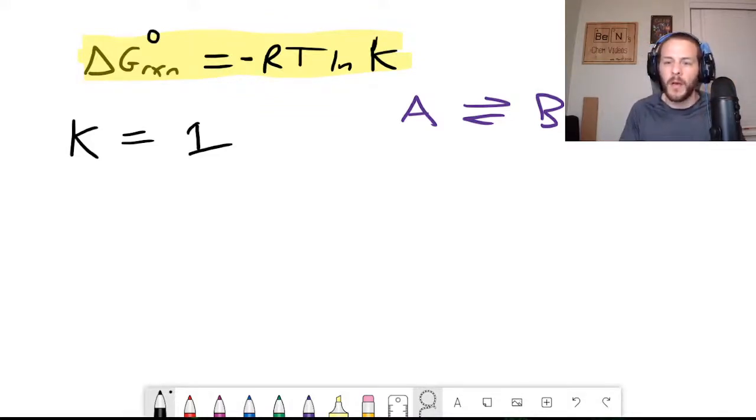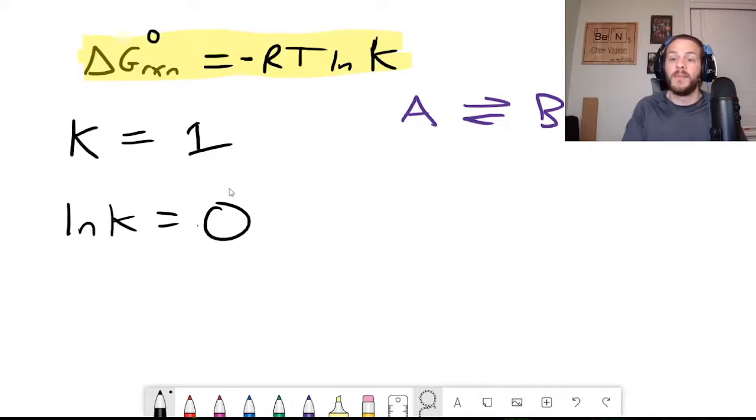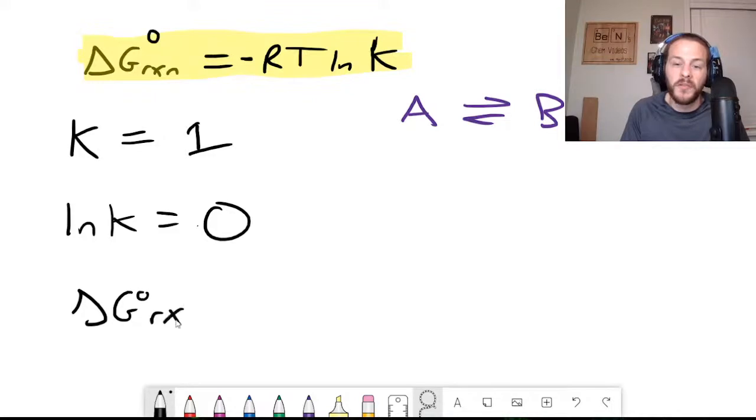Well, what would that look like? If K is equal to 1, then the natural logarithm of K is the natural logarithm of 1, which is 0. And if this ln K is 0, then this whole minus RT ln K term also becomes 0. Therefore, the standard delta G for this reaction is equal to 0.